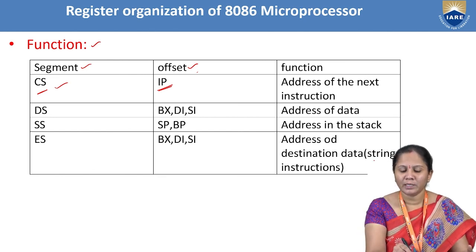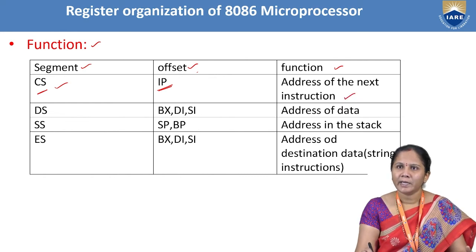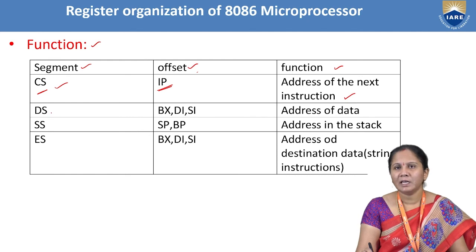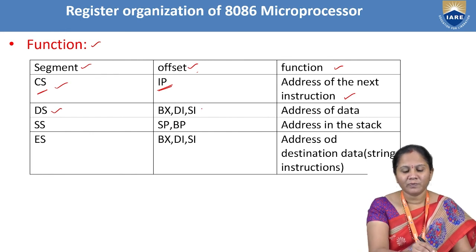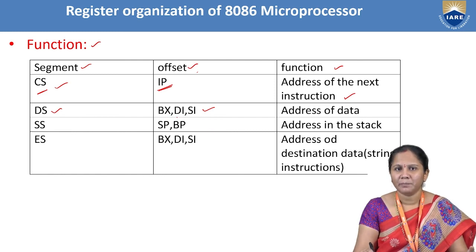So from this pointer register, the offset address will be obtained. From this segment address and the instruction pointer, that is the offset address, a 20-bit physical address will be calculated. What is the physical address? The physical address is the address where the operand actually resides. So if this CS and IP is considered, the function performed is that it is going to show the address of the next instruction.